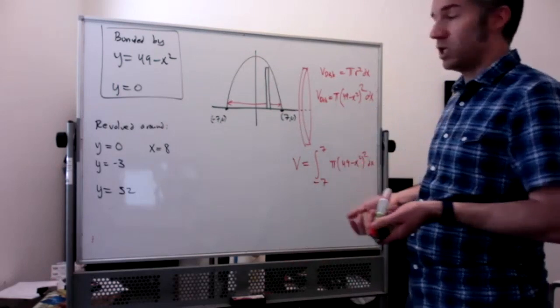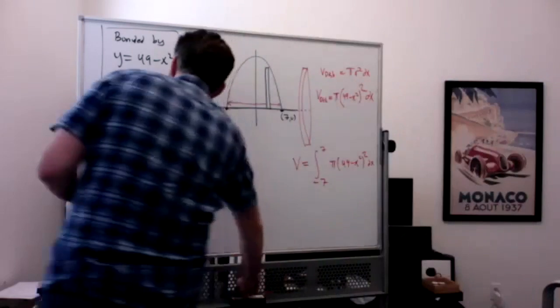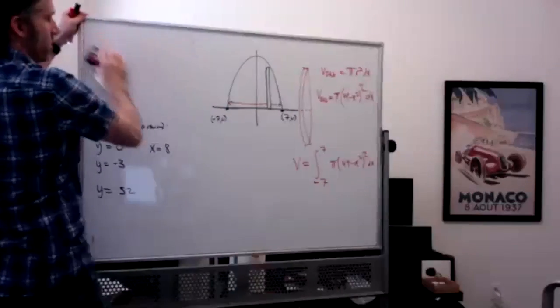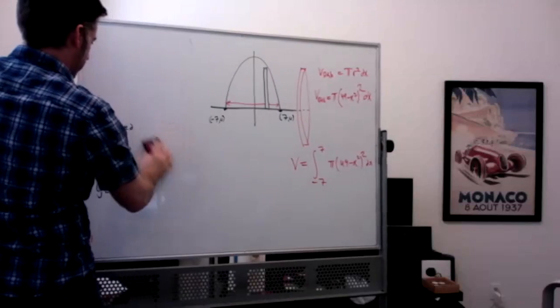Okay, let's change it up a little bit. Let's go around y equals -3. That's a little bit over here.